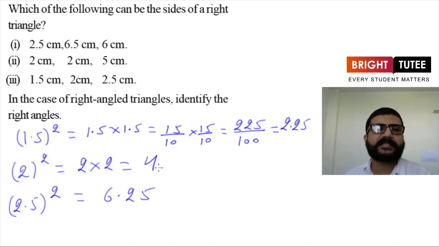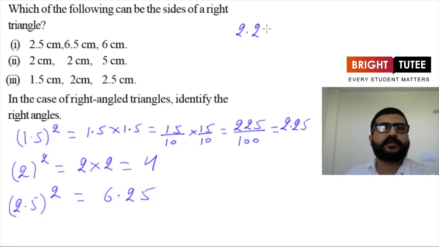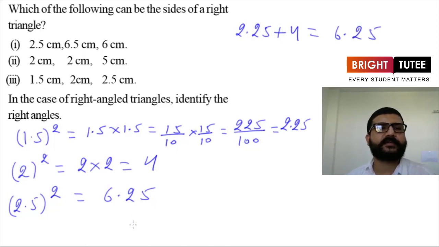Now let's find the sum of squares of the first two sides. It will be 2.25 plus 4. Now this is equal to 6.25. Now what is the square of the third side? It is also 6.25. So now what we are getting, the sum of the squares of two sides is equal to the square of the third side. So it means this is also a right angle triangle.